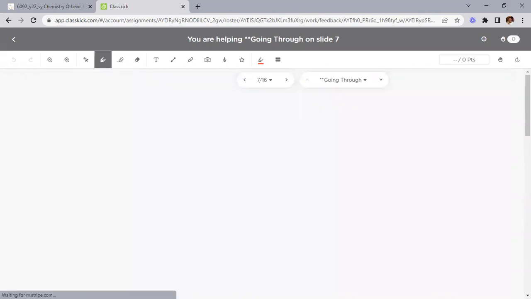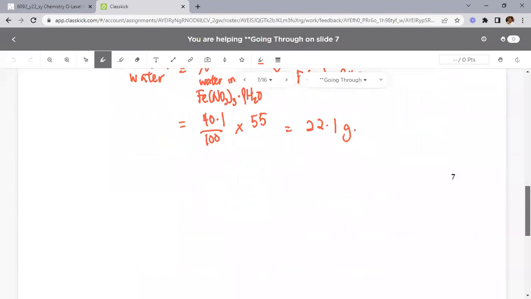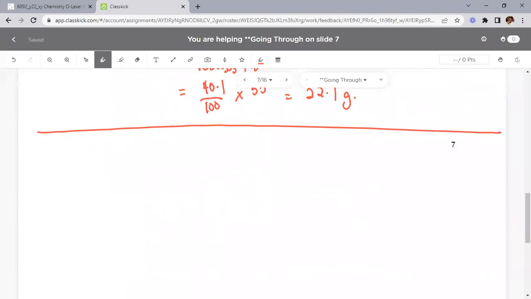Okay, I'm not going to go into empirical formula, but what I'm going to end off here is maybe a checkout question. Okay, a checkout question in terms of percentage mass. So what you find for me, I want to find the percentage of Fe in Fe2(SO4)3.